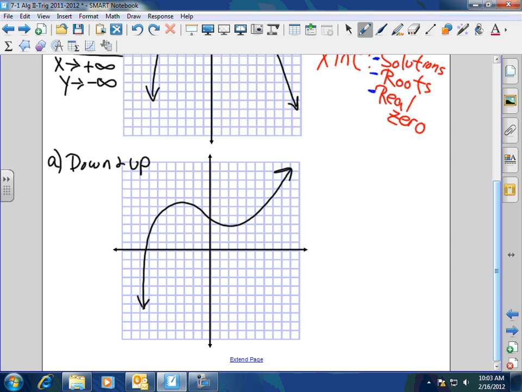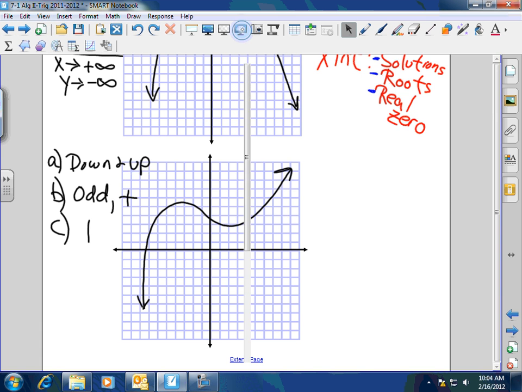I'll just say it verbally this time. As x is decreasing, y is decreasing. As x is increasing, y is increasing. What degree would this be? Odd or even? Odd. And would it be positive or negative? Positive. Very good. How many real zeros? One. Very good.